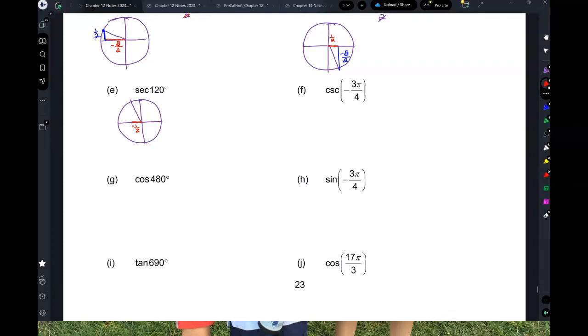Okay. So is secant cosine or sine? Cosine. So what is this going to be? So the cosine is negative a half. What's the secant? Negative 2 over 1. Okay, let's think about that one more time. The cosine is negative a half. Secant is the reciprocal of the cosine, so it's negative 2. Okay? All right, let's move on.